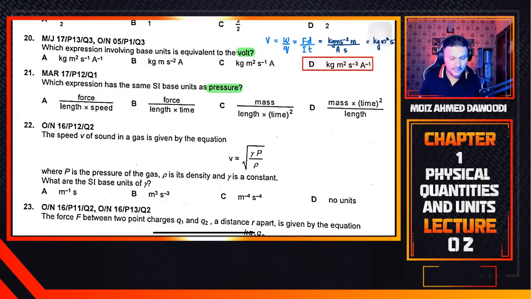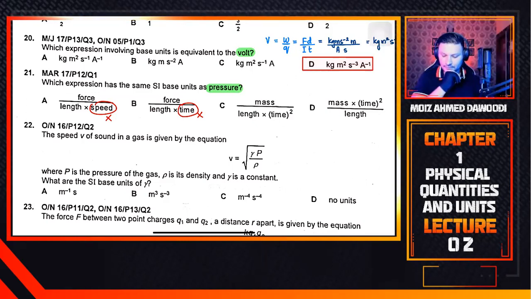Force per area. तो बेटा ये तो डिनोमिनेटर में स्पीड आ गई, डिनोमिनेटर में टाइम आ गया, फोर्स पर यूनिट एरिया. ओके, mass upon length time square.